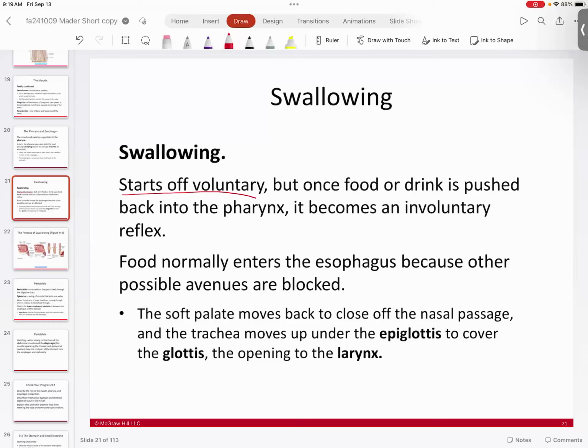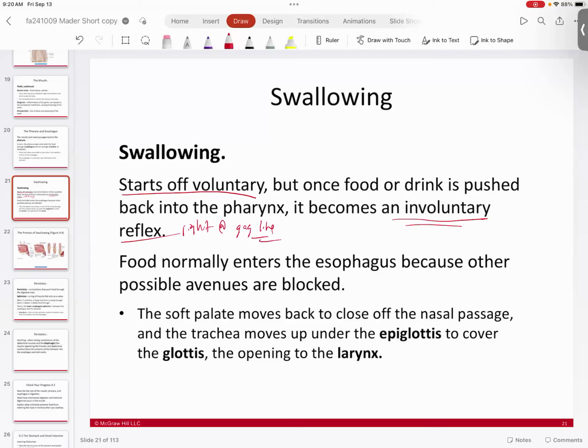But once it gets back there, it crosses the threshold, typically right at the gag line, and then it becomes involuntary. As the food enters the esophagus, it'll start to move down toward your stomach.